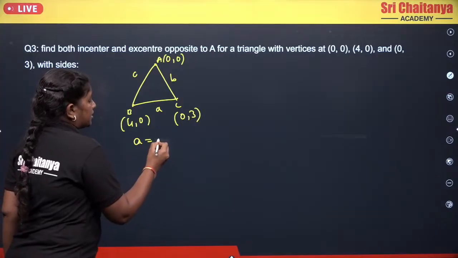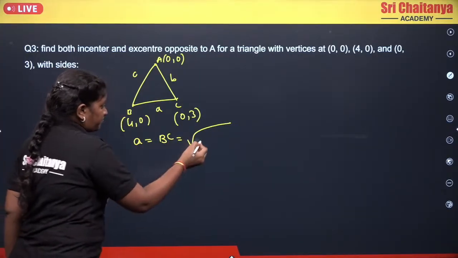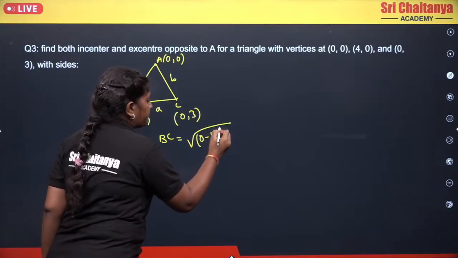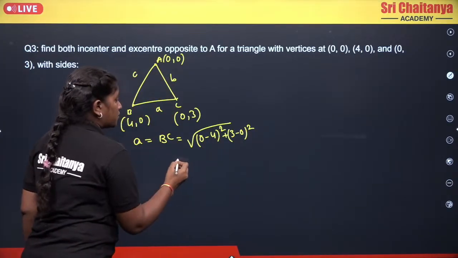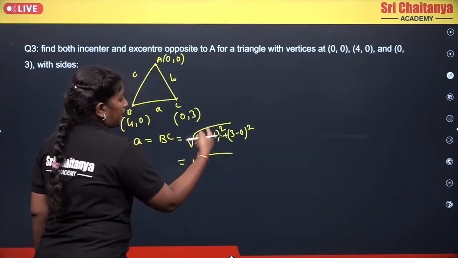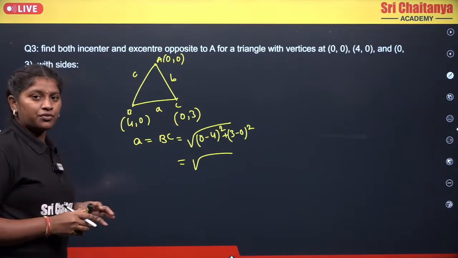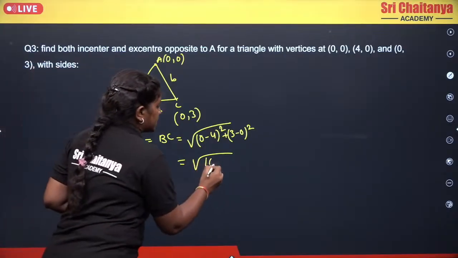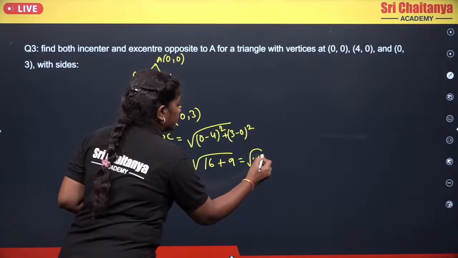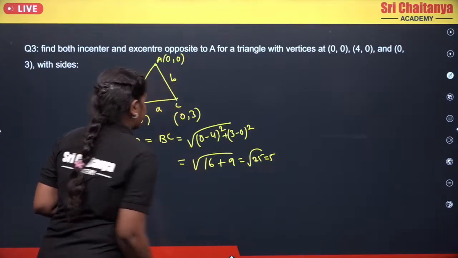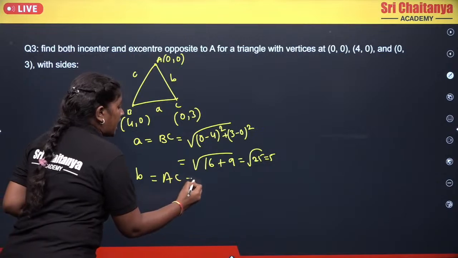So a is nothing but BC, which is root of (0 minus 4) whole square plus (3 minus 0) whole square. Minus 4 whole square, because of the square, becomes a positive value: 16 plus 9, which is root of 25, which is nothing but 5. Now coming to b, which will be AC.